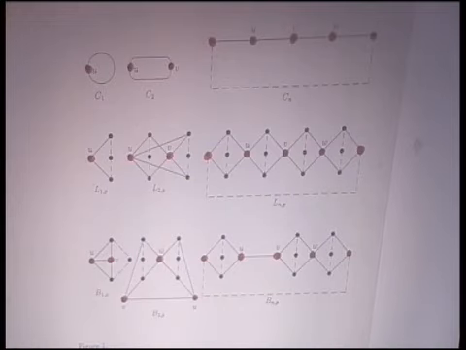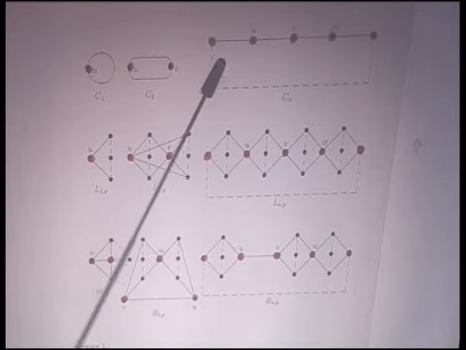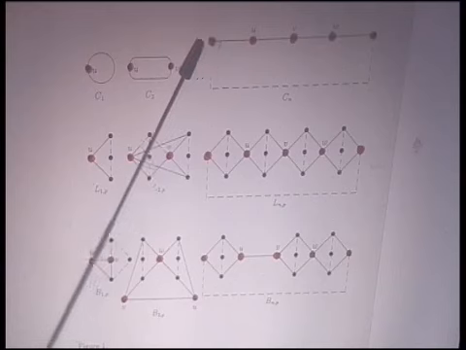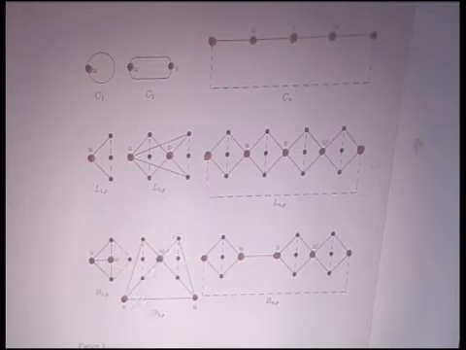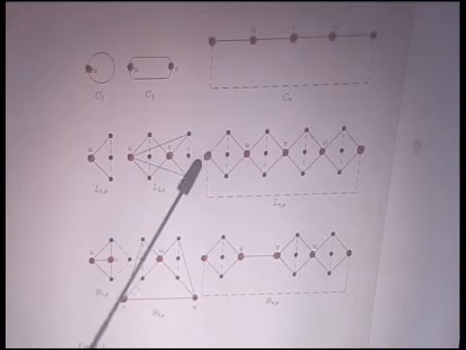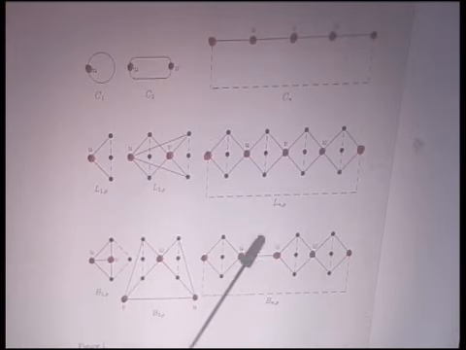The first graph L sub n,p is constructed from the cycle of order n by replacing each edge of this cycle by a theta graph, namely a theta graph having two paths with two edges and one path with p minus 1 edges.